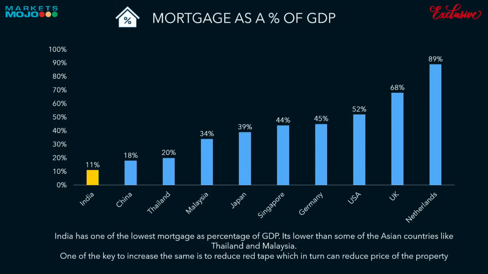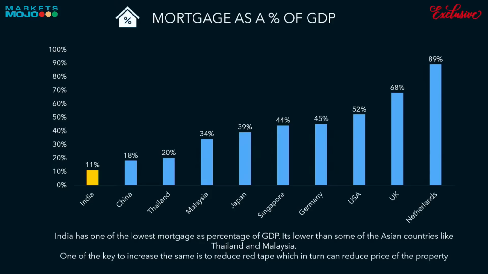Now, one of the best ways, I personally believe, is to reduce the cost of property. Today, I keep looking at some presentations which say that India's affordability index remains constant and so on. I personally believe that our affordability is still a little high.